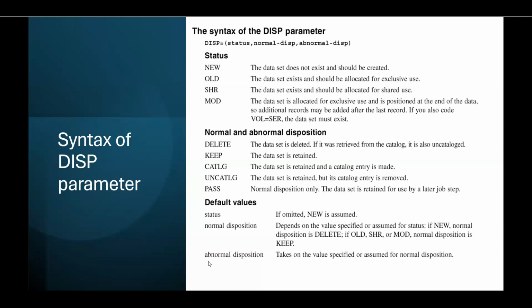And regarding the abnormal disposition, it takes on the value specified or assumed for the normal disposition. So this is all about the disposition parameter that we have learned in this slide: the status, the normal disposition, and the abnormal disposition.